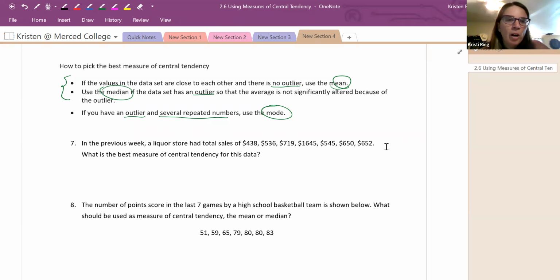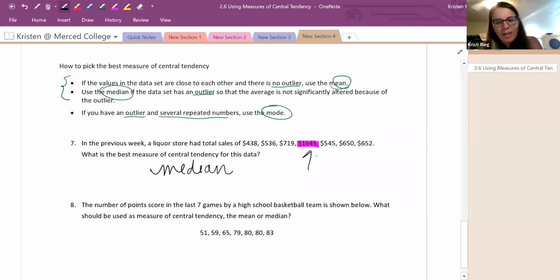Is there a number on the list that's ridiculously big or ridiculously small? And the answer is yes, right there. 1645 is way bigger than all the others. I'm noticing no repeated numbers, or I certainly don't have several repeated numbers. So for this one, we're going to use the median because it had an outlier.